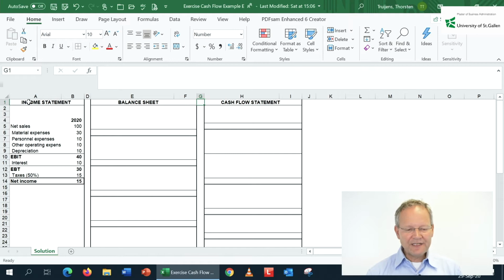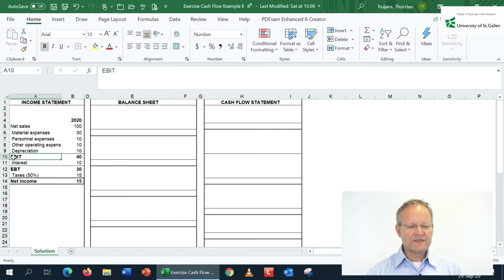Now, I was kind enough to already include here your first period statement, which is your income statement or profit and loss statement. You can see here, this little company in the year 2020 had sales of 100, material expenses of 30, personnel expenses of 10, other operating expenses of 10, depreciation of 10, which brings us to EBIT.